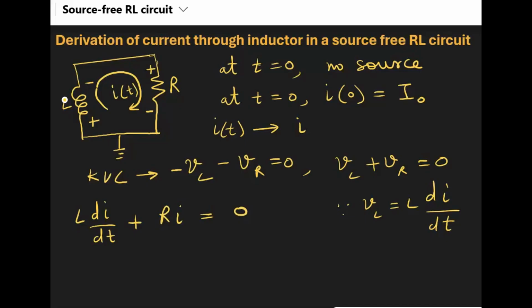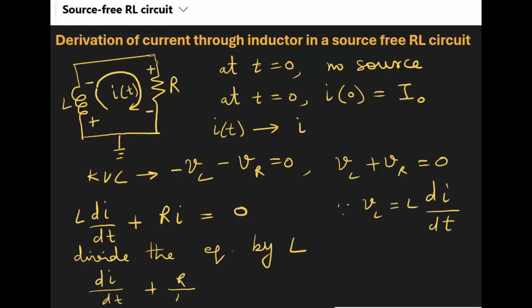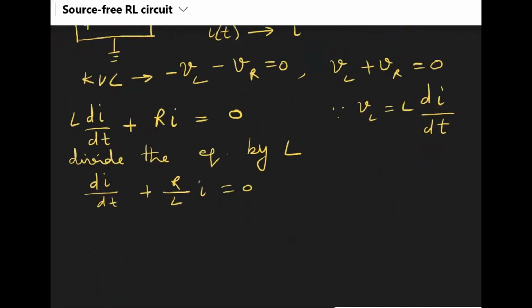Now divide the equation by L and we get di by dt plus R by L times I equals 0. Now what do we have to do?